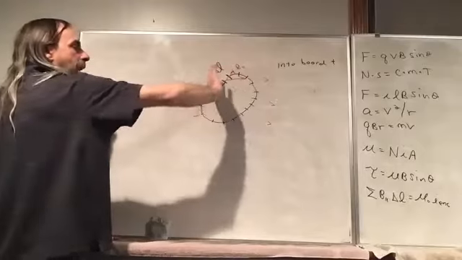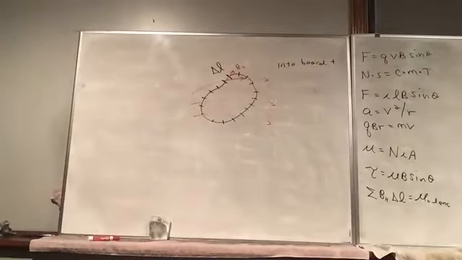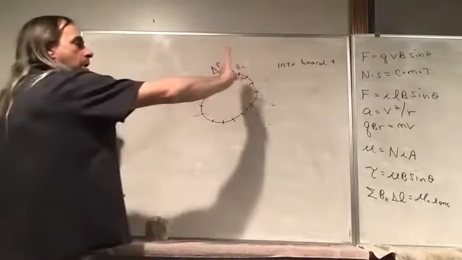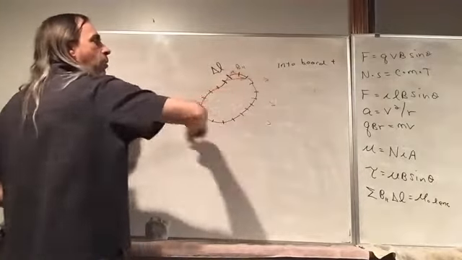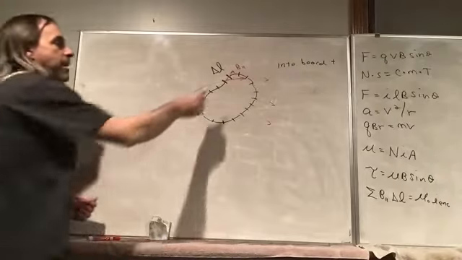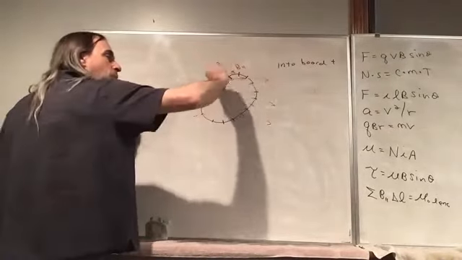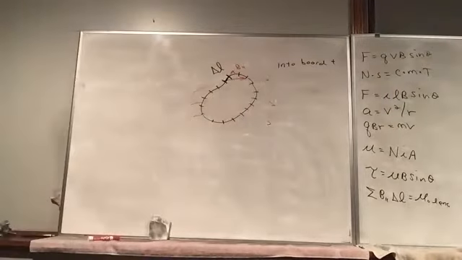So if into the board is our positive direction, then in this case B parallel delta L would be positive. So into the board, that'd be a clockwise rotation using the right-hand rule. So here, because the magnetic field is going in this clockwise direction, that term would be positive.